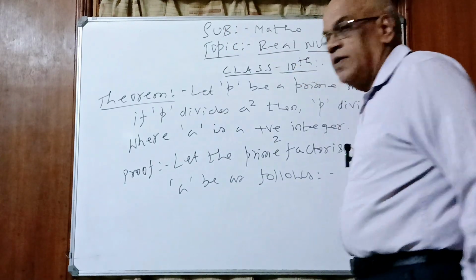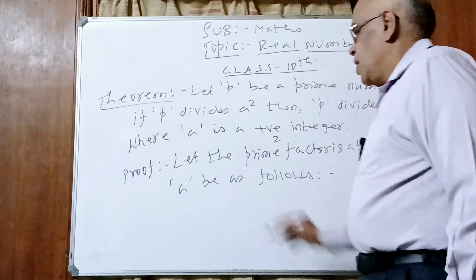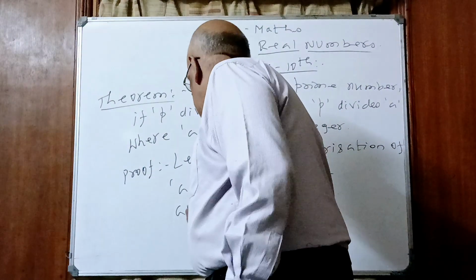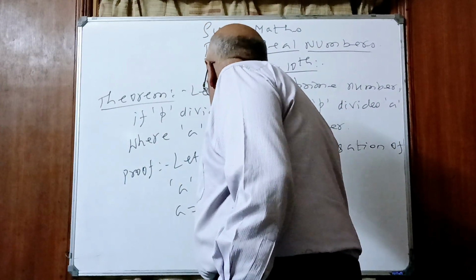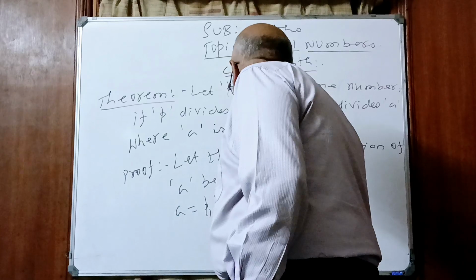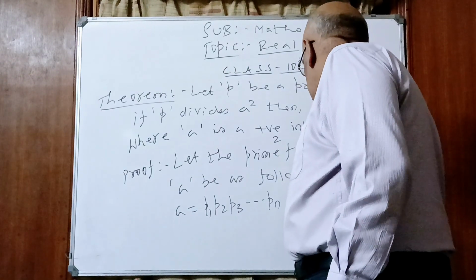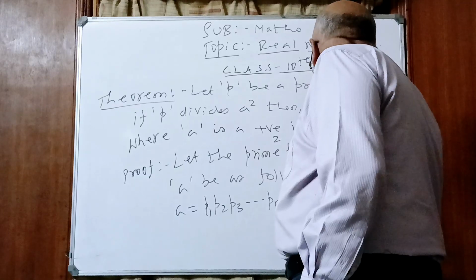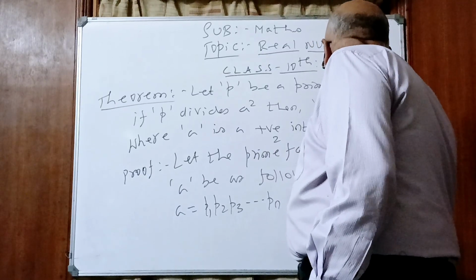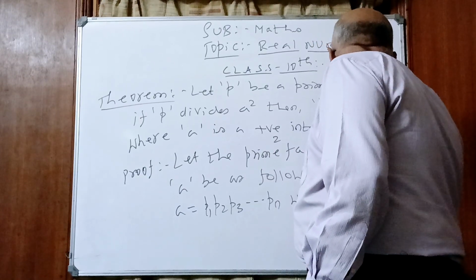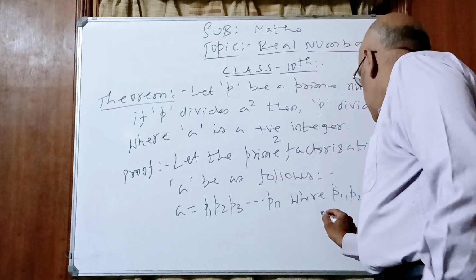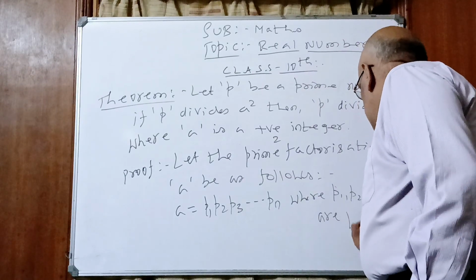What is that? a is equal to P1, P2, P3 up to Pn, where, already we know, P1, P2, P3 up to Pn are prime numbers.